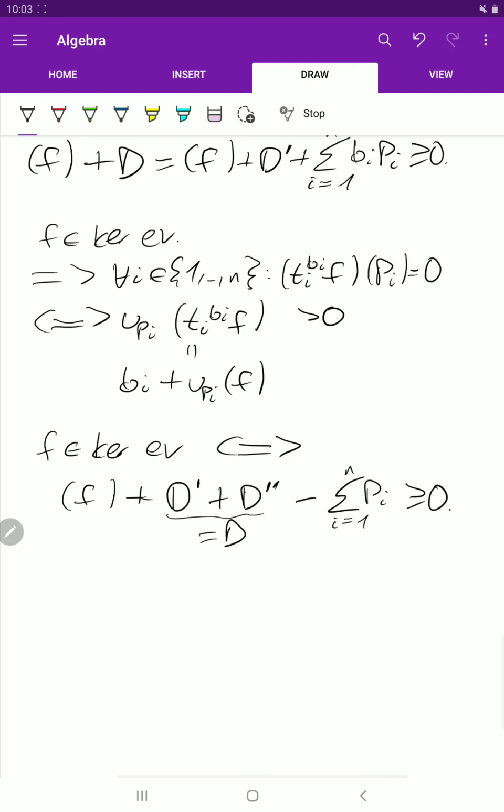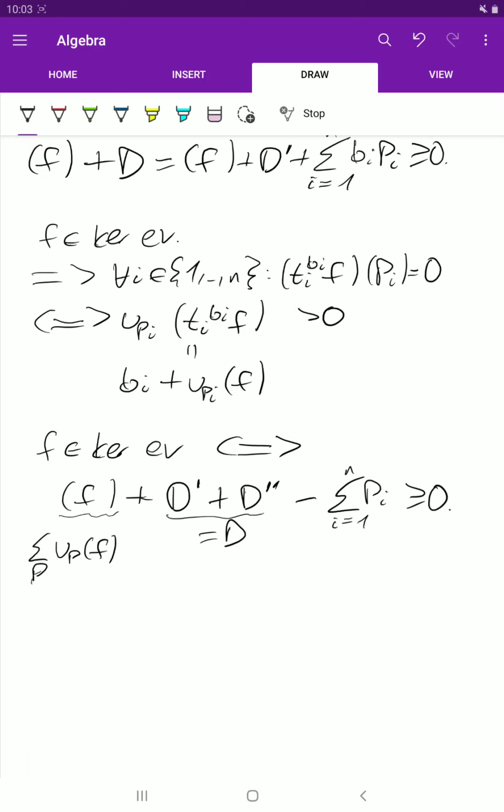If that's the case, then we get that also, here we have this f, let's say the sum over P of nu_P of f, where P runs over all points, not just p_1 to p_n. And so that's the divisor of f.